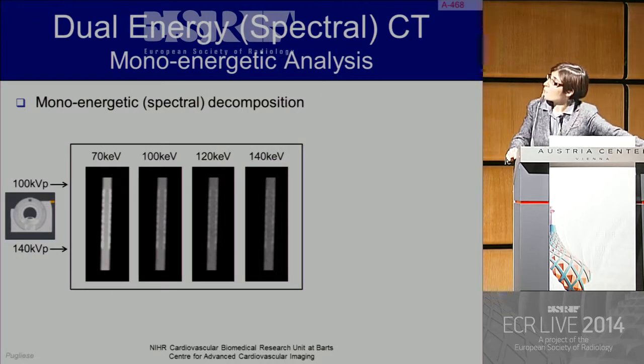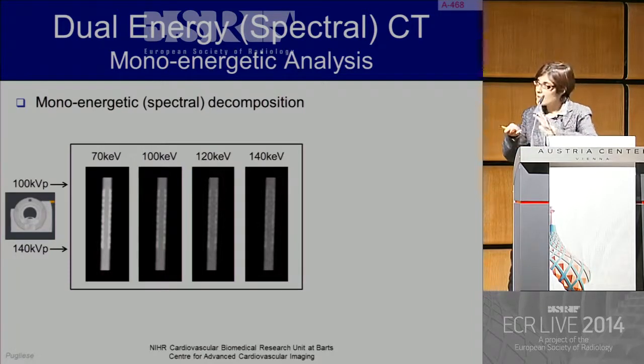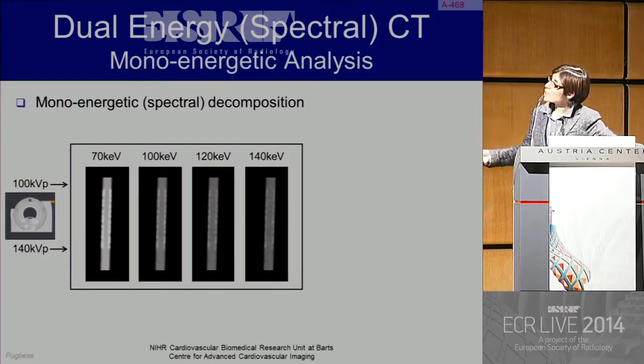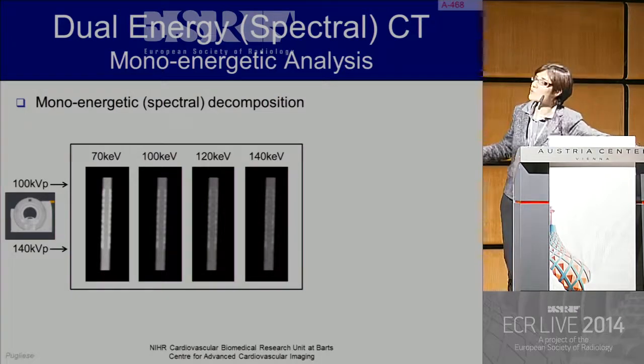Finally, regarding protocol, I want to mention dual energy and the possibility to perform a monoenergetic or spectral decomposition of the energies. So what you see here is the stent in vitro. You've seen it previously in the talk. We have scanned it with a dual energy protocol, and we then reconstructed images by selecting data coming from different energy levels. So you'll have a monoenergetic image at 70 kiloelectron volt, monoenergetic image at 100, monoenergetic image at 120 and 140.